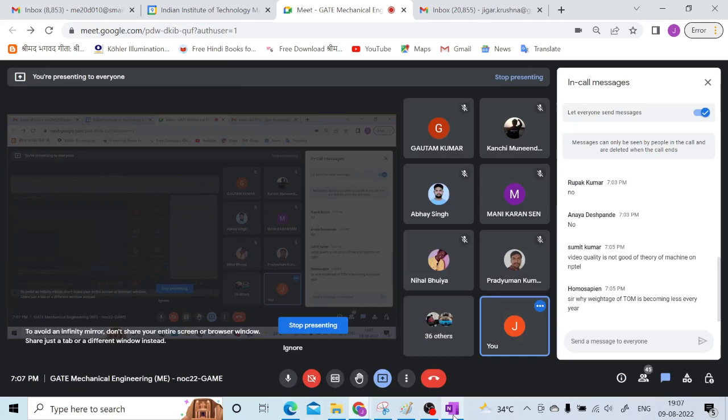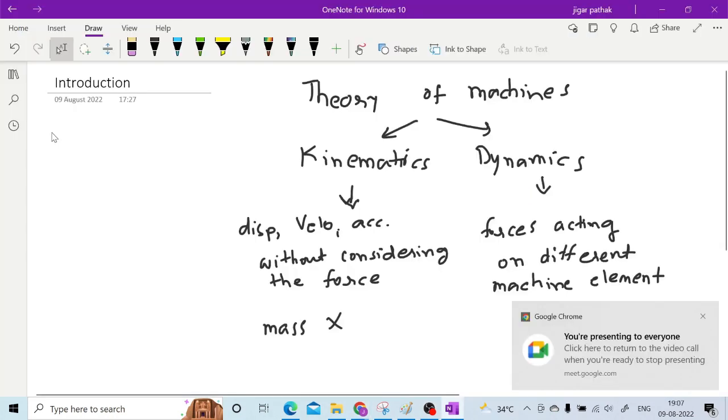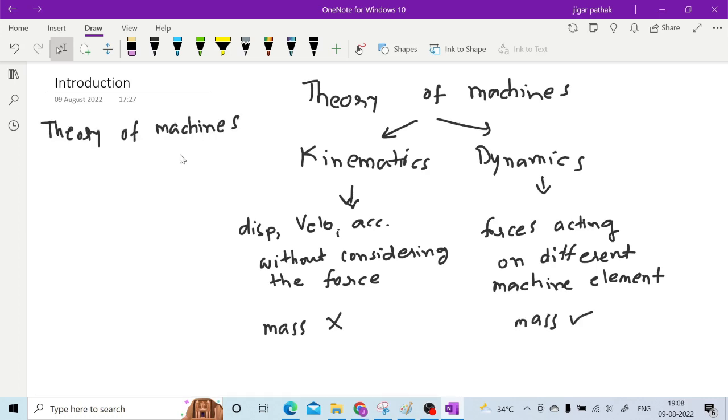So now, if we see again the subject, this theory of machines, right? As you can see here, the most important thing is machines. So you must have an idea about the hierarchy, how machines are actually built. How can one reach to build a machine?